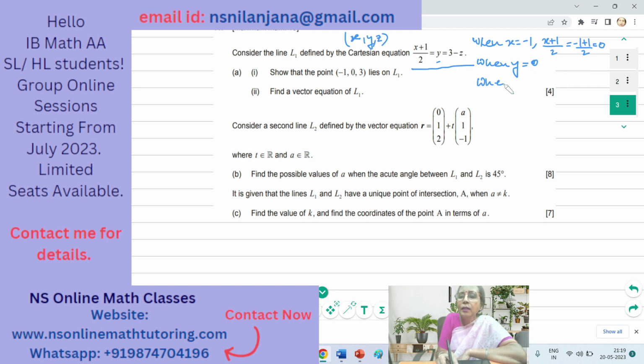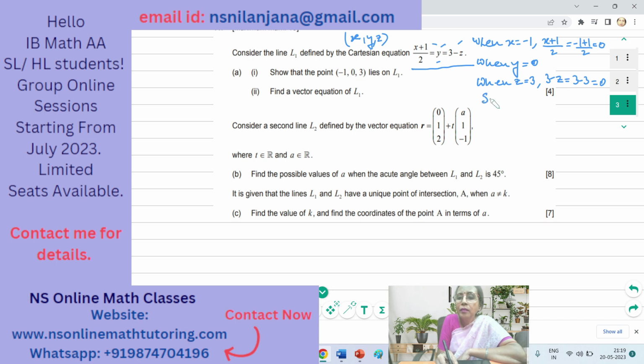Fine. So when z equal to 3, then 3 minus z should be equal to 3 minus 3, which is equal to 0. So each of these three parts is equal to 0. Therefore, this point is satisfying this given relation or this Cartesian equation. Hence, the point -1, 0, 3 lies on the line.